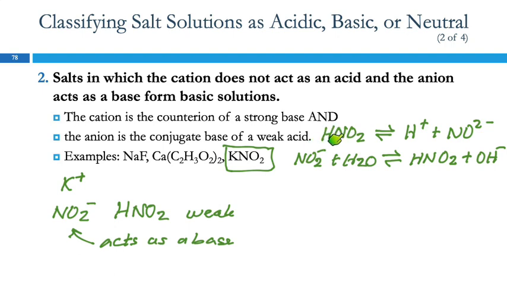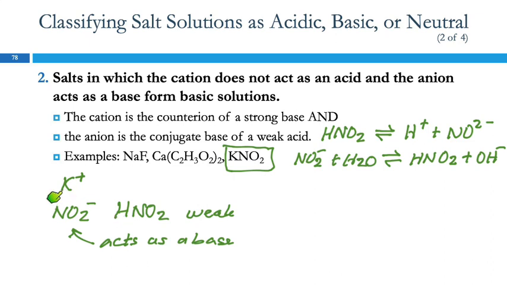There's actually more of the HNO2 molecules than there are of the NO2 minus ions in the solution. So if we're looking at NO2 minus, will it react with water to form HNO2? Yes, it will, because this goes both ways, right? There is a significant amount of HNO2 molecules in that acid solution, whereas with the strong acids, there weren't any. So this can act as a base because it's the conjugate of a weak acid.